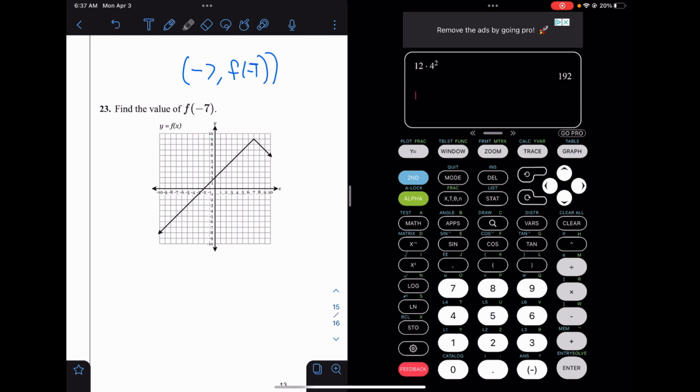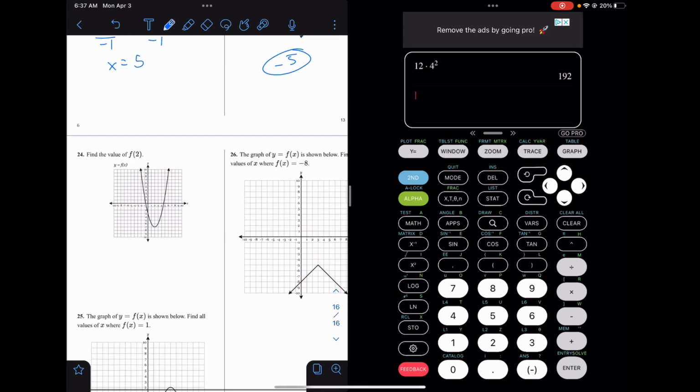Essentially, what this is asking is, what's the y value when our x value is negative 7? So we have to go to negative 7 and look at our output. The coordinate here is negative 7, comma, negative 5. Our output is negative 5. That's our answer.